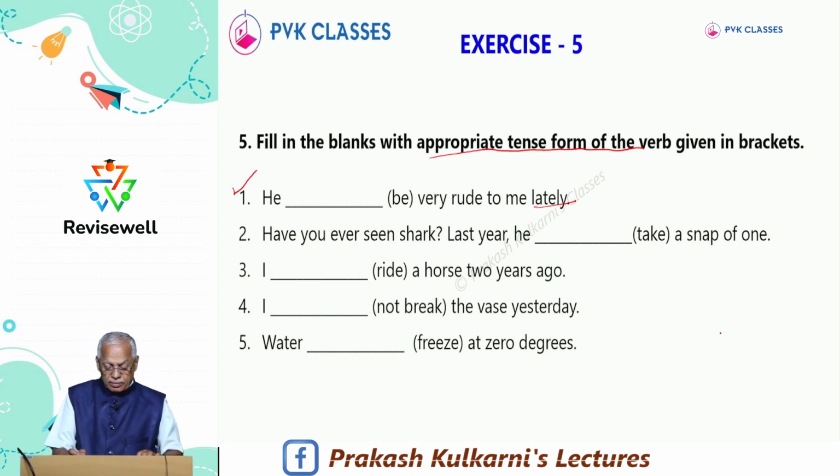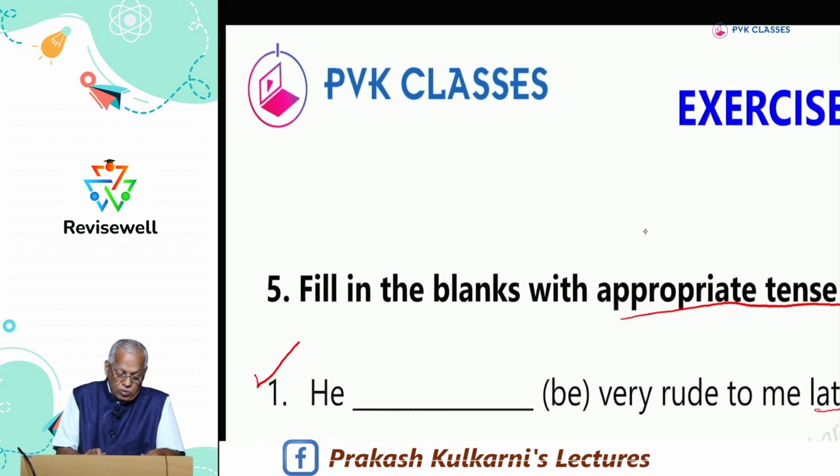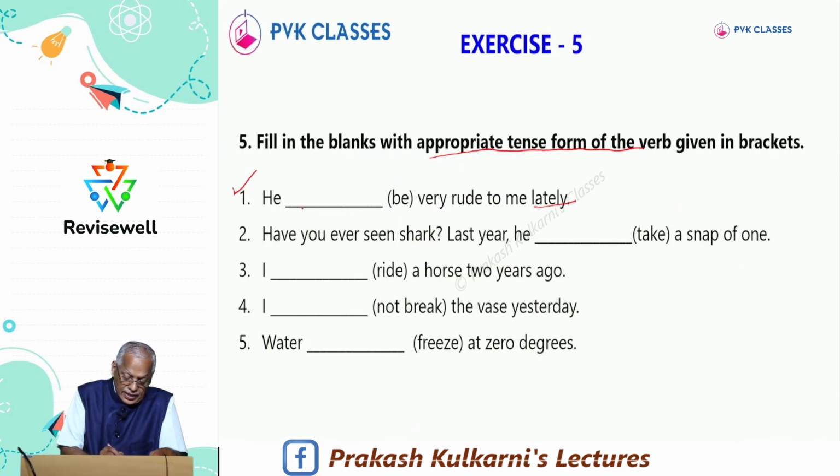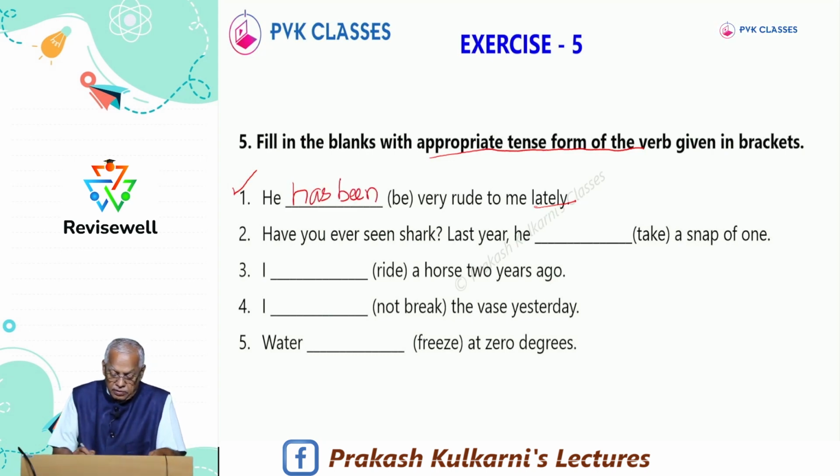So lately means we have to use present perfect tense. Now, please note that he has been very rude to me lately. So this word lately indicates present perfect tense. So therefore it is has been.